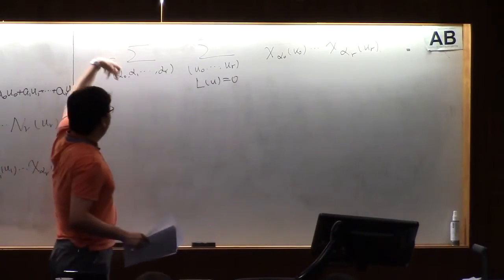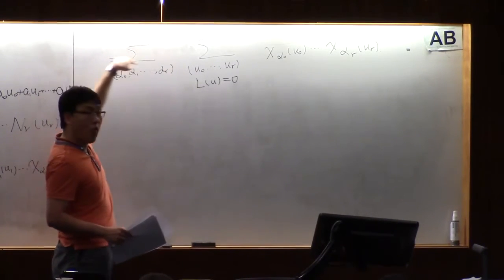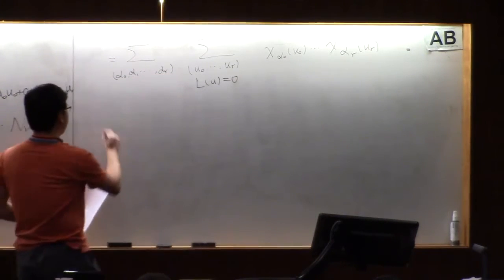Then, in the outer summation, we can divide all these r plus 1 tuples into 3 cases.